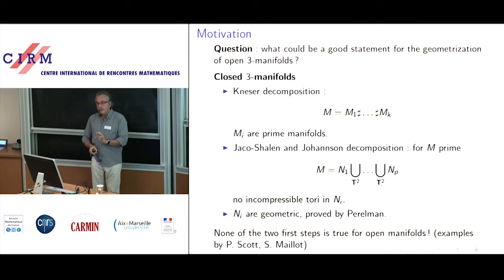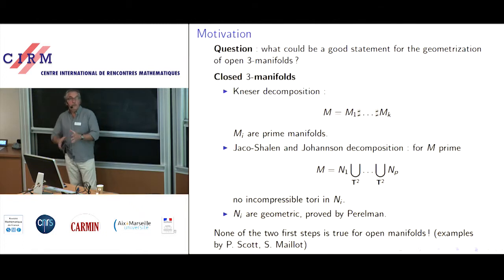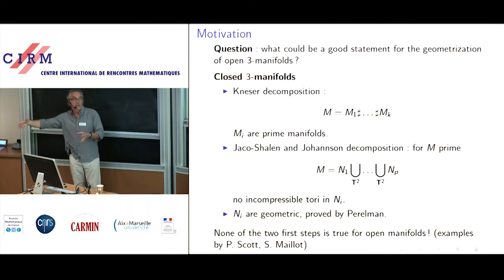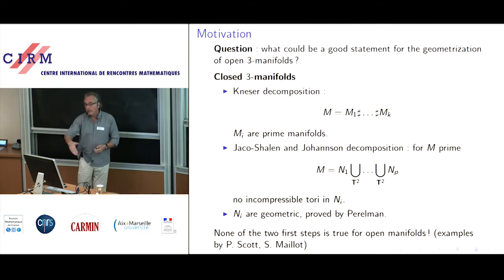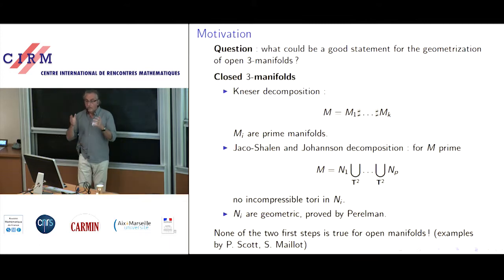In dimension 3 and for open manifolds, neither of the first two steps is true. For example, it's easy to imagine open three-manifolds where the essential spheres accumulate, so that you cannot just cut along essential spheres into pieces. And needless to talk about the second decomposition. So there is not even a way to start to look at this question.